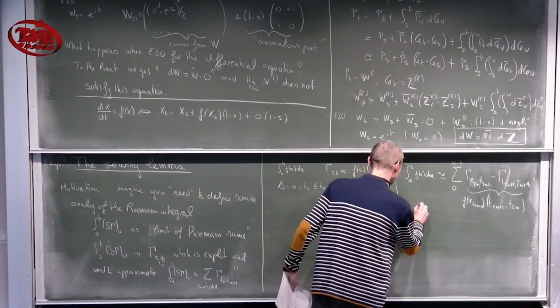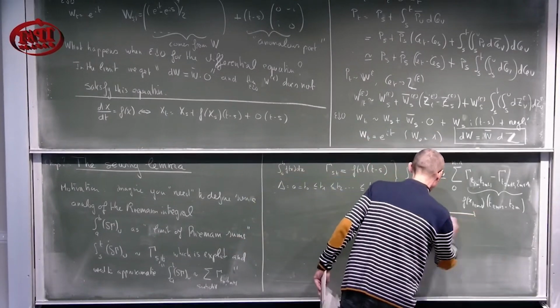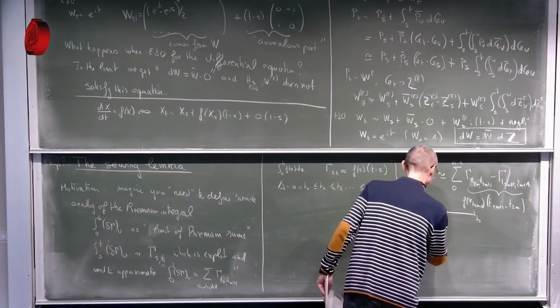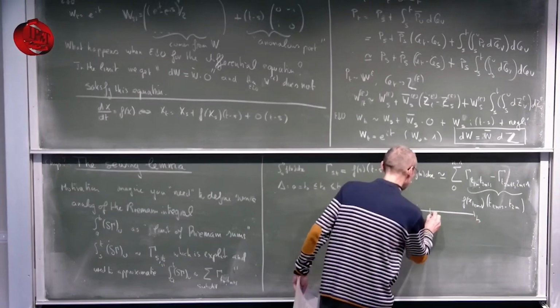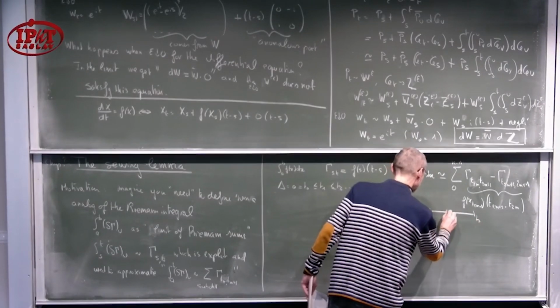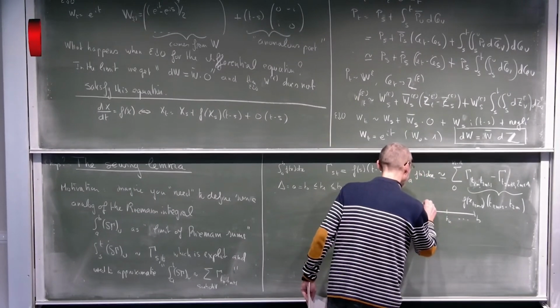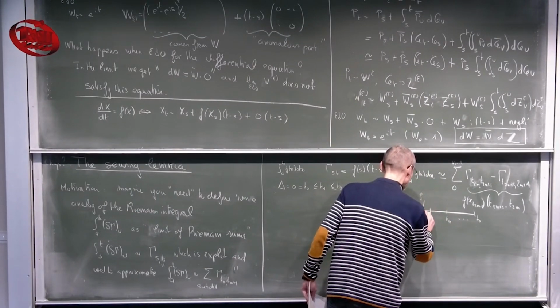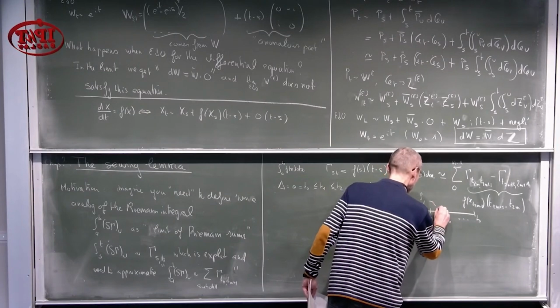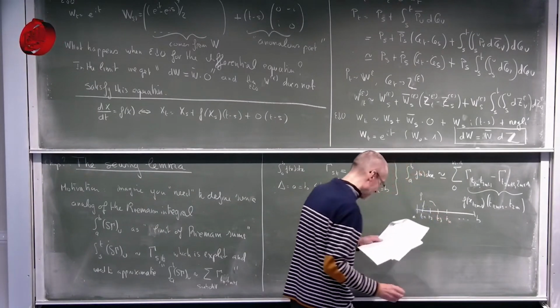You imagine that you have the interval ab, you have the subdivision points t_2, t_4, and so on, and then you have points where you evaluate f, which are t_1, t_3. So did I write it correctly?